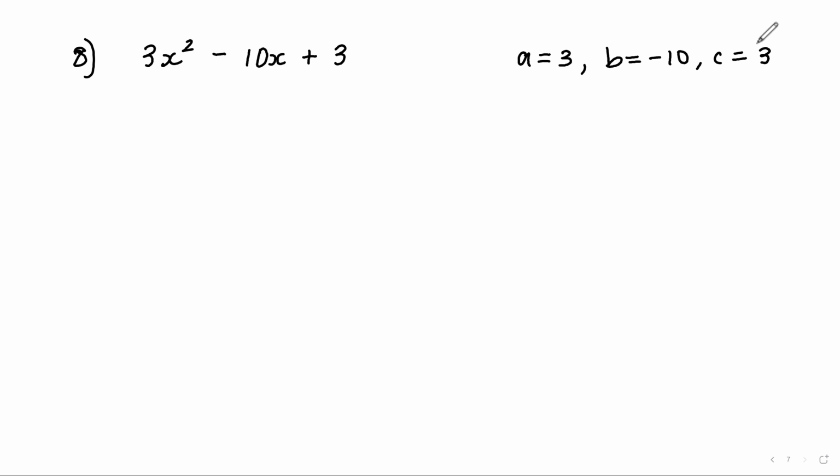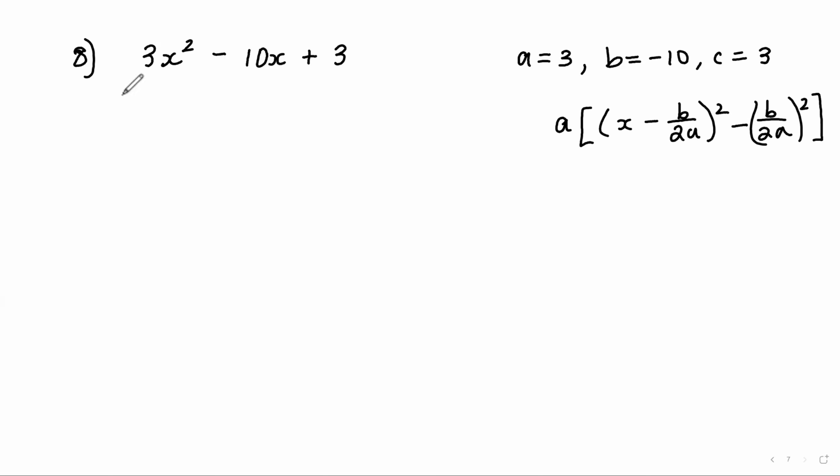So remember, we want it to look like the first line that we want: we're going to have some A on the outside, and then inside we're going to have x minus B over 2A, squared, minus B over 2A all to be squared, right? So tell me, what would go on the outside of the square brackets? 3. Yeah. And then what goes inside?